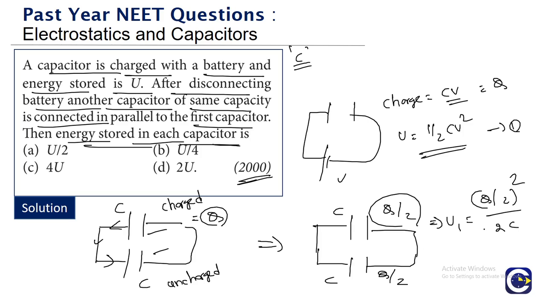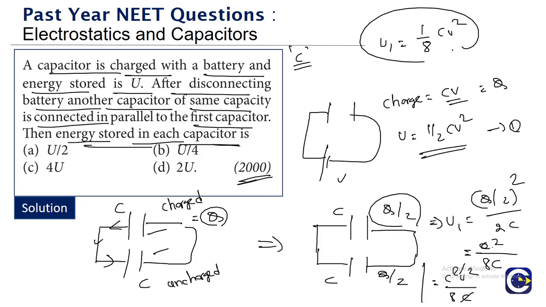It is charge square by 2C. Now charge square means Q square by 2 square, that is 4. 4 will come to the denominator. Already there is a 2, right? Which means 8C. But Q is what? CV, right? So C square V square by 8C. 1 C will be cancelled. What is it that you have? U1 is equal to 1 by 8 CV square.